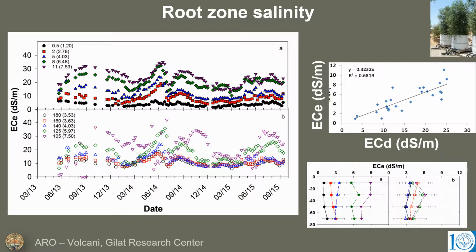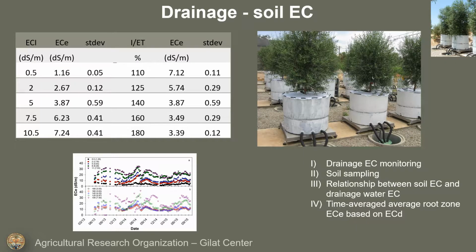Once we establish this relationship over time, we could use the drainage water salinity as an analog for soil profile salinity. So by having the irrigation water at a constant salinity, and watching the salinity of the drainage water, we're able to calculate profile averaged soil water salinity.